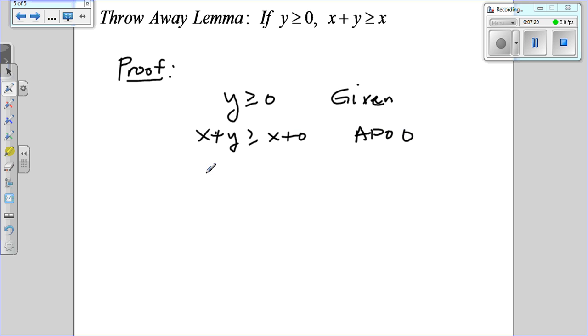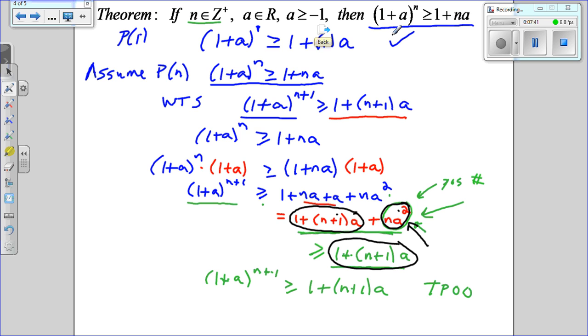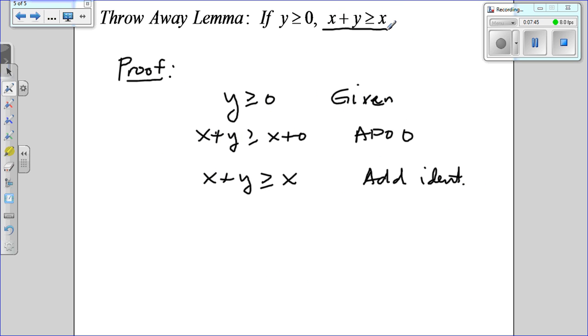The right-hand side, by additive identity, is just x. Look at that. We've got exactly what we're trying to show.